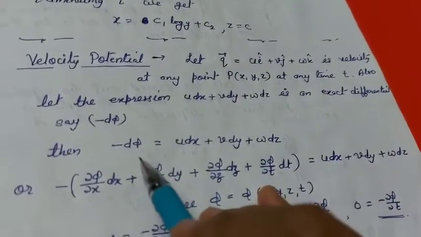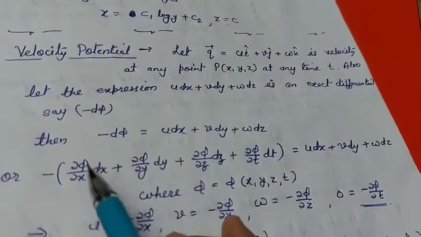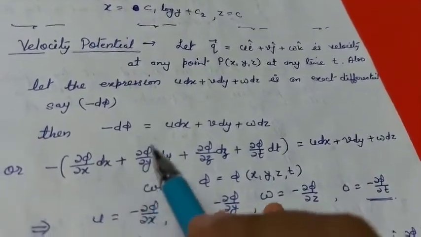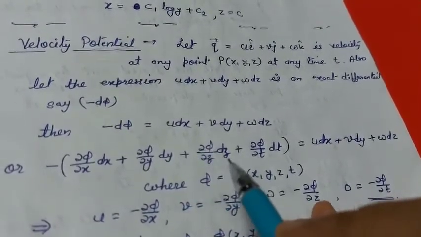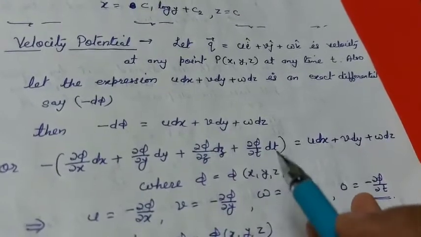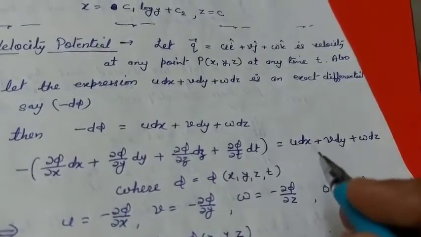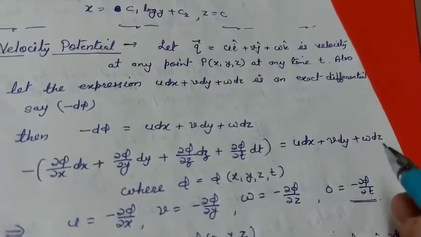Now, d phi can be defined as del phi by del x of dx plus del phi by del y of dy plus del phi by del z of dz plus del phi by del t of dt, and the right side as it is, u dx plus v dy plus w dz.